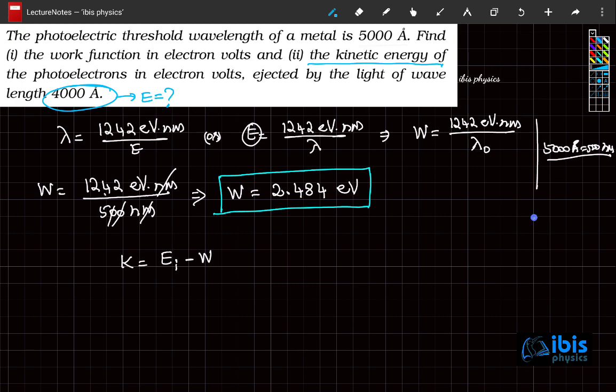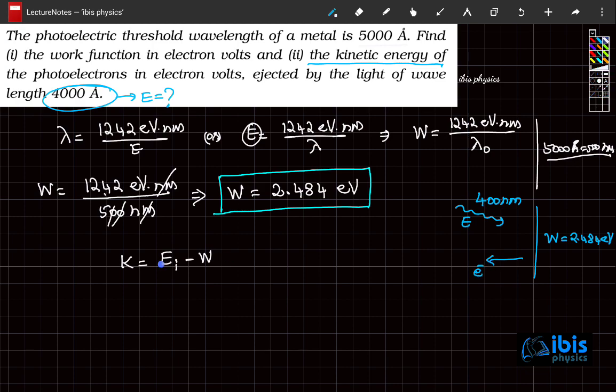It is like this: this is a plate and radiation of 4000 angstrom, that means 400 nanometer, falls on it. The work function here we have already found, 2.484 electron volt. So incident energy minus work function will give you the kinetic energy of the electron.